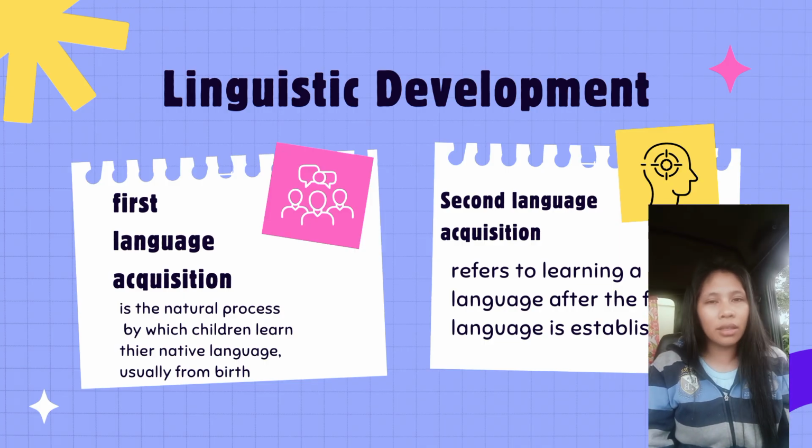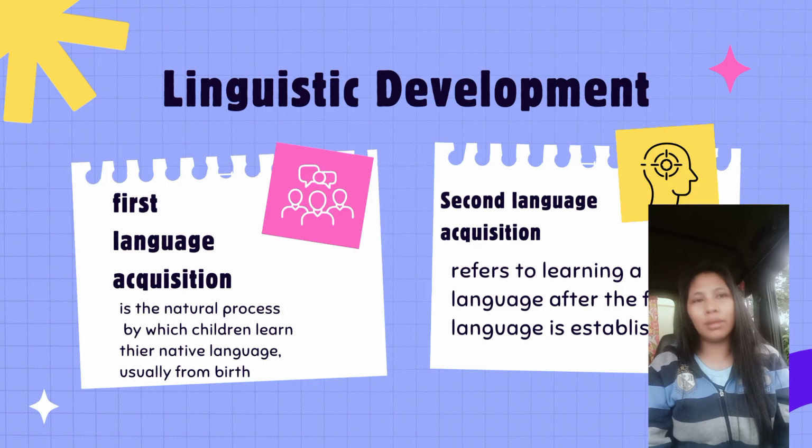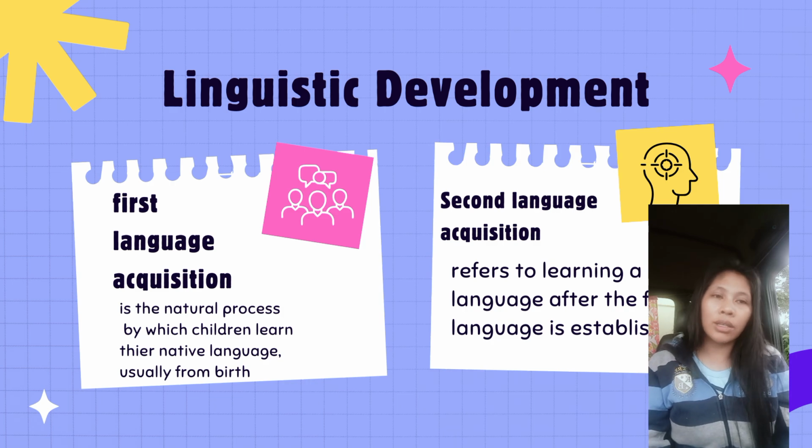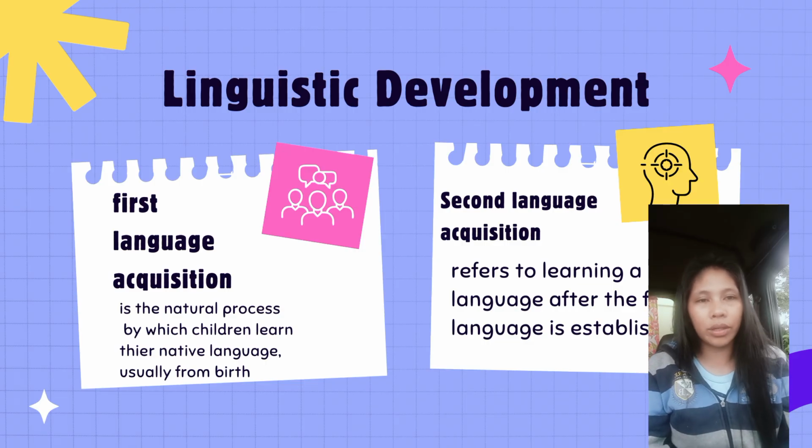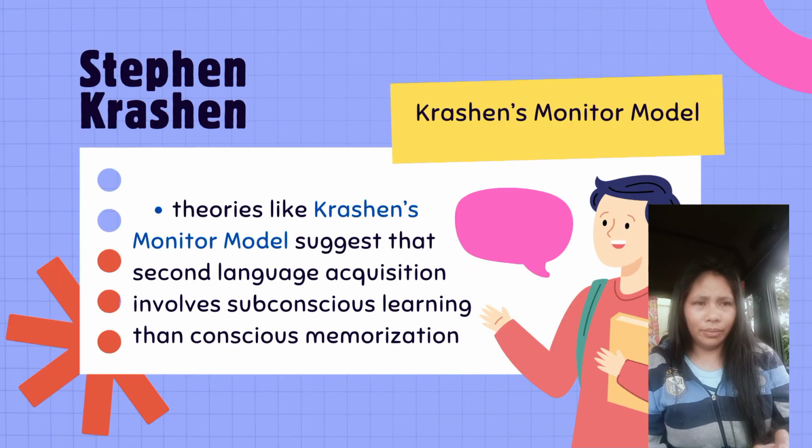So this learning is more effective than conscious memorization. The influences are affected by various factors such as motivation, learning, and exposure. This theory believes in subconscious learning, not saying it every day, so exposure, okay?